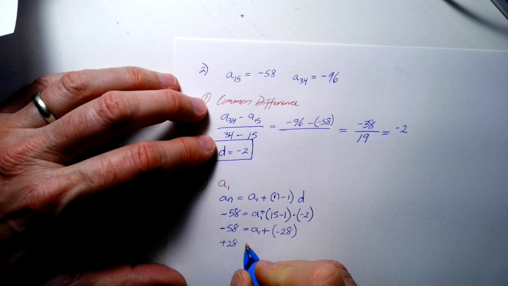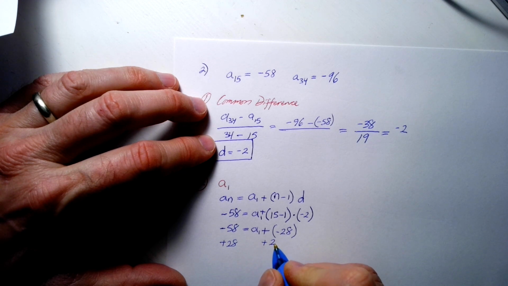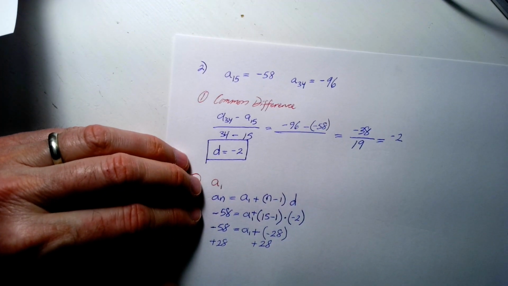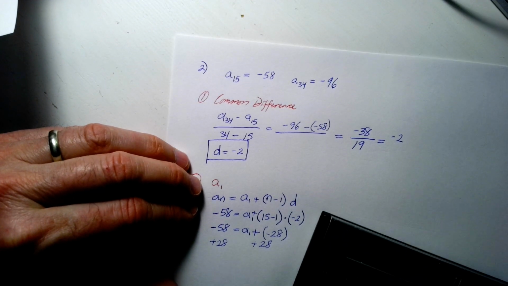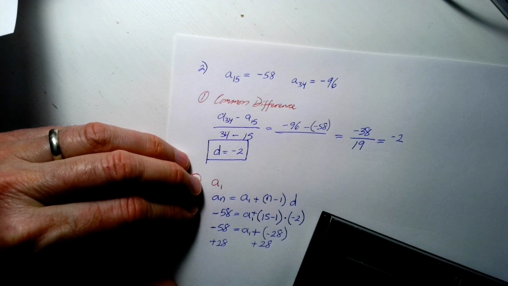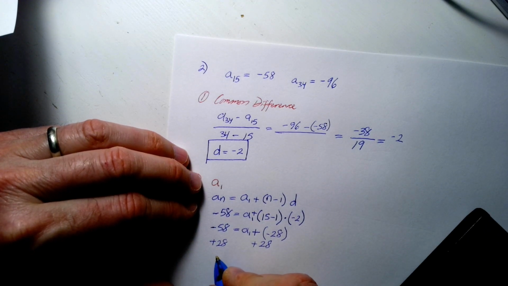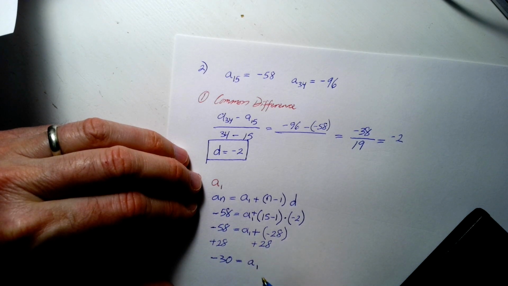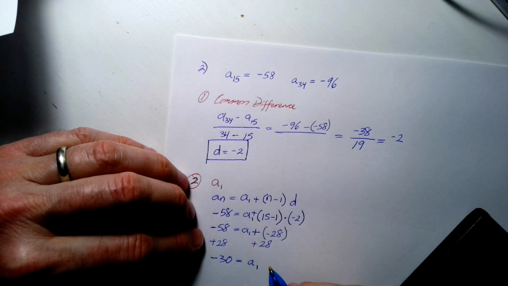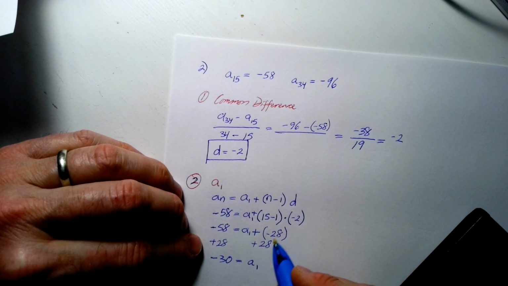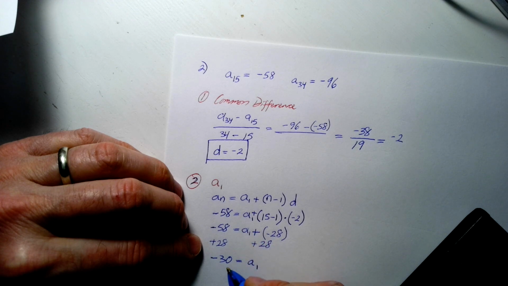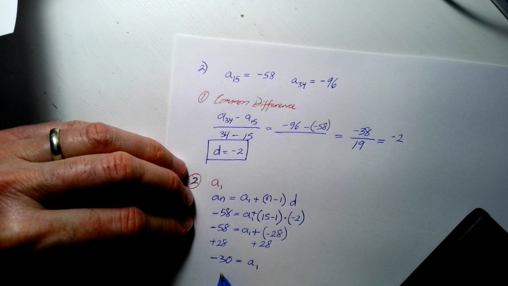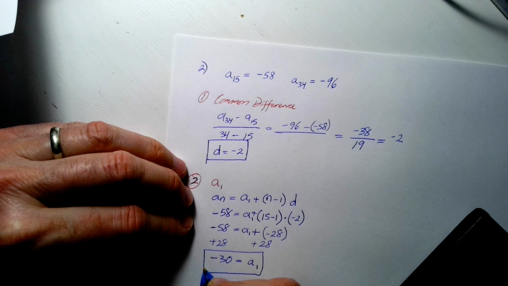So we go plus 28 on both sides: negative 58 plus 28 is a negative 30. Negative 30 equals A1, and so that is our value. We've got our A1 value.